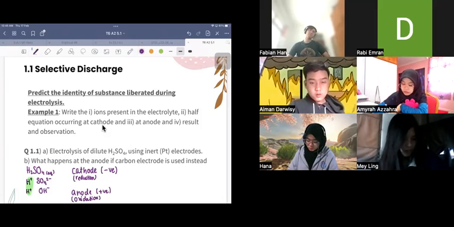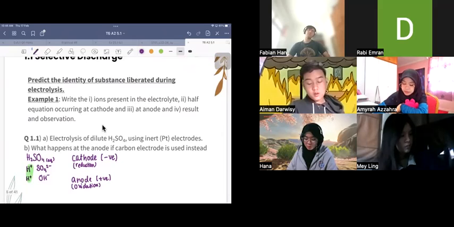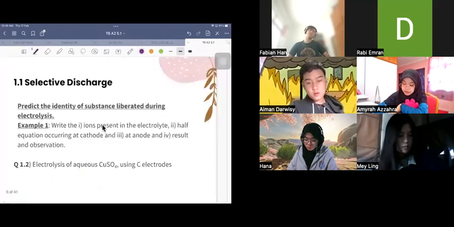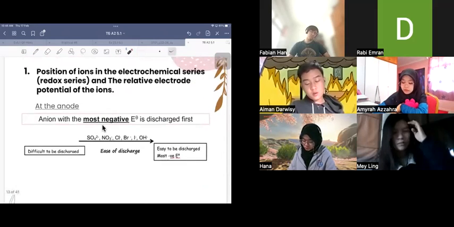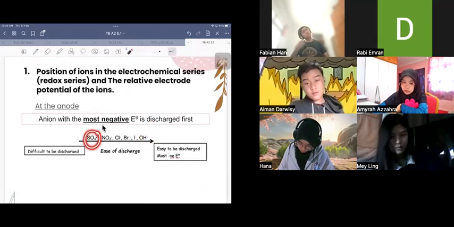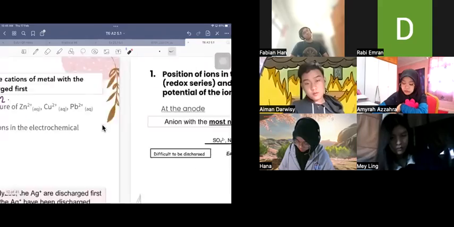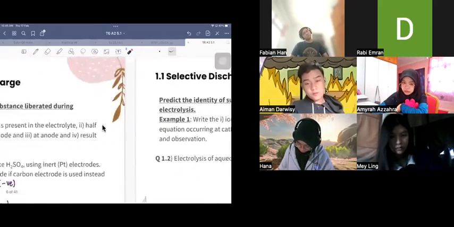Still remember this? Red cat and an ox. Okay, so between sulfate and hydroxide ions, if you refer to this rule or the general guide just now, OH minus will be discharged or selected over the sulfate ion. So that means it's the OH minus.